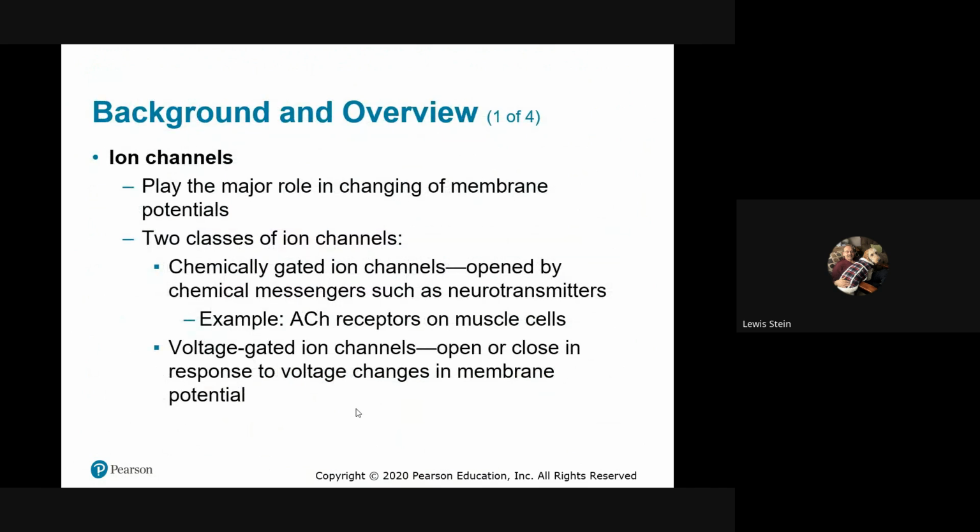So what happens is it's all about charged particles moving in and out, as you will see. Those channels, when nerve and muscles function, are either ligand or chemically, same word, gated ion channels opened by chemicals like neurotransmitters, or there's the acetylcholine, that's the abbreviation, or voltage gated ion channels, which is all about that electrical current, the switch.